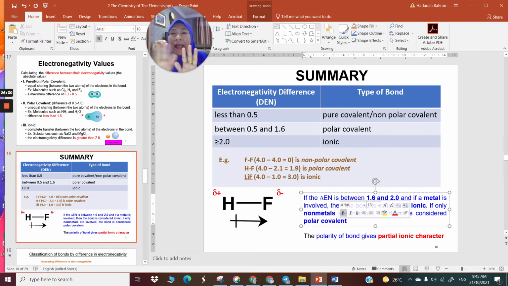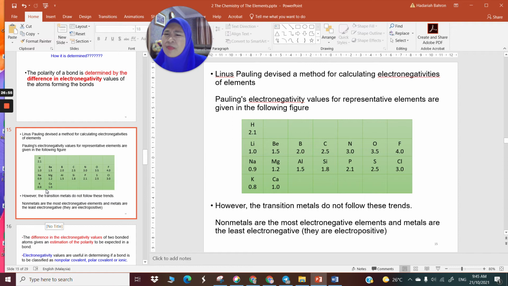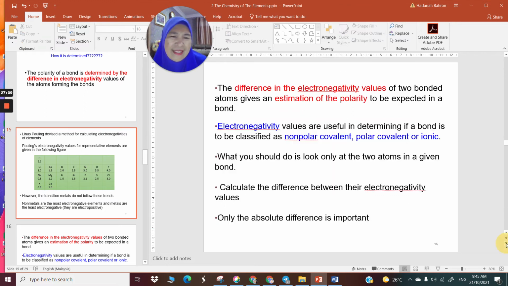So in the shaded gray area between 1.6 to 2, if one of them is a metal and the other is a non-metal, then you know it is an ionic bond. If both of them are non-metals, then they are highly, highly polar bonds. We can give you some examples later.